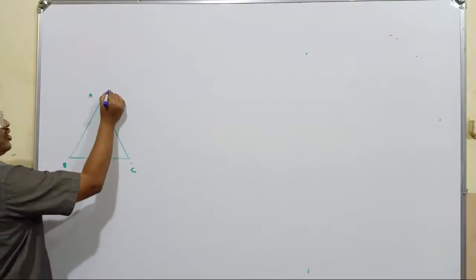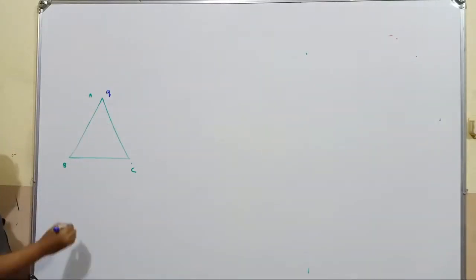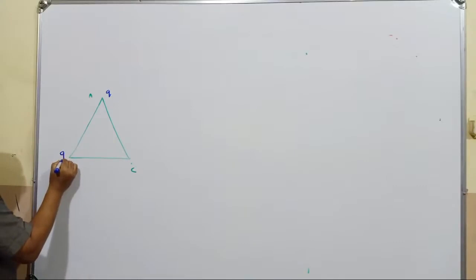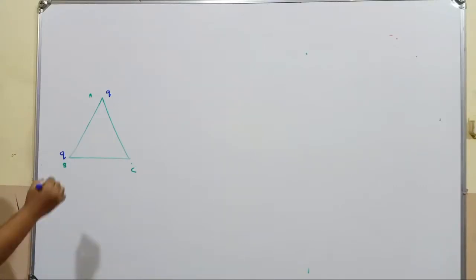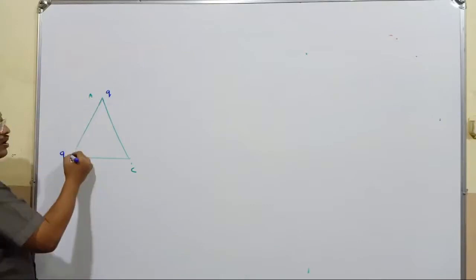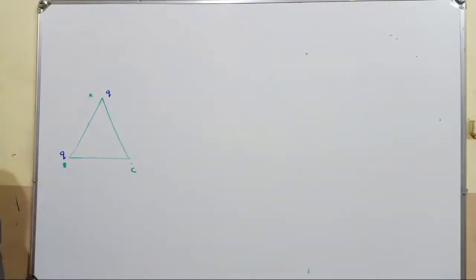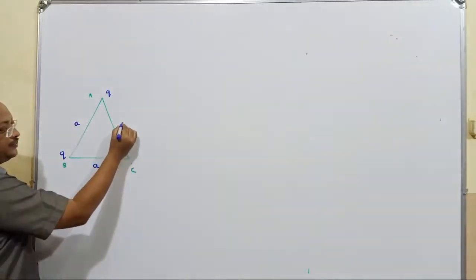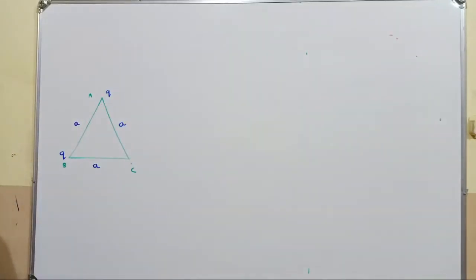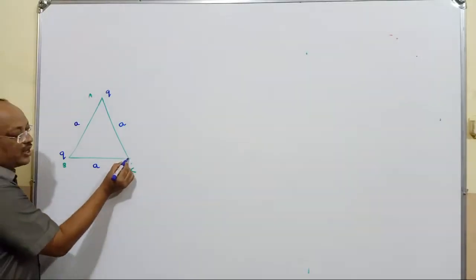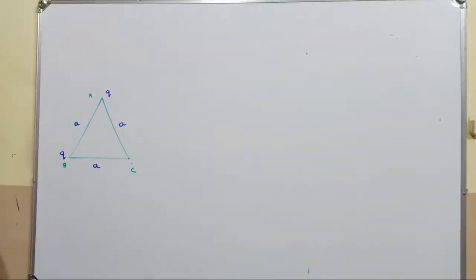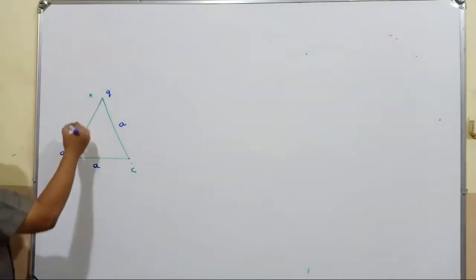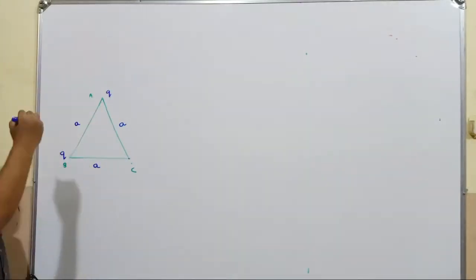One charge Q, other charge Q, two charges Q and Q are placed on the vertices of this triangle of side A. We want to find out the electric potential at this point C because of these two charges.